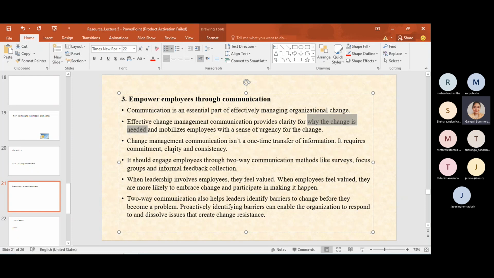In addition to the reason, you can also talk about the advantages of the change. What are you getting in return as a result of this change?